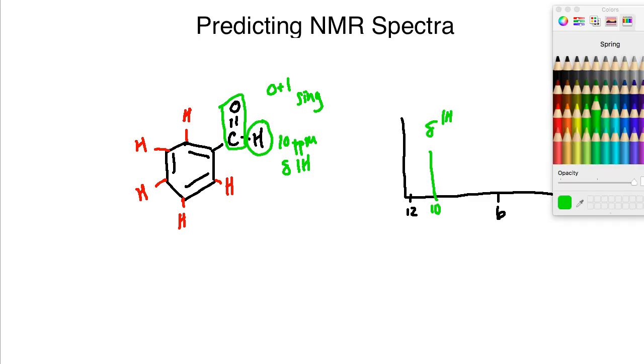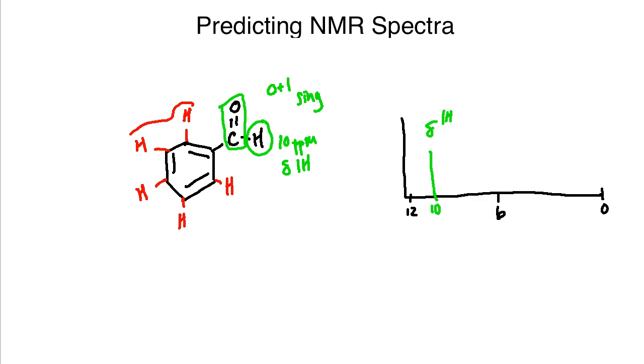So what happens in a case like that is that we take all of these and we assign them to a multiplet. So we would see a multiplet at approximately, and again we're making an estimate here, let's say around 7.4.